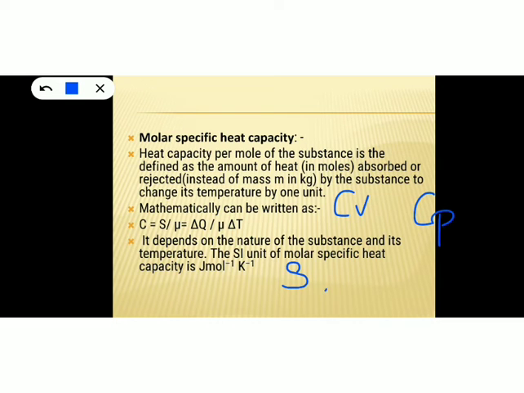Then we discussed specific heat capacity. Specific heat capacity is the amount of heat required to increase the temperature of unit mass of a substance by 1 unit. Then we discussed molar specific heat capacity. It is the amount of heat required to increase the temperature of 1 mole of a substance by 1 unit.